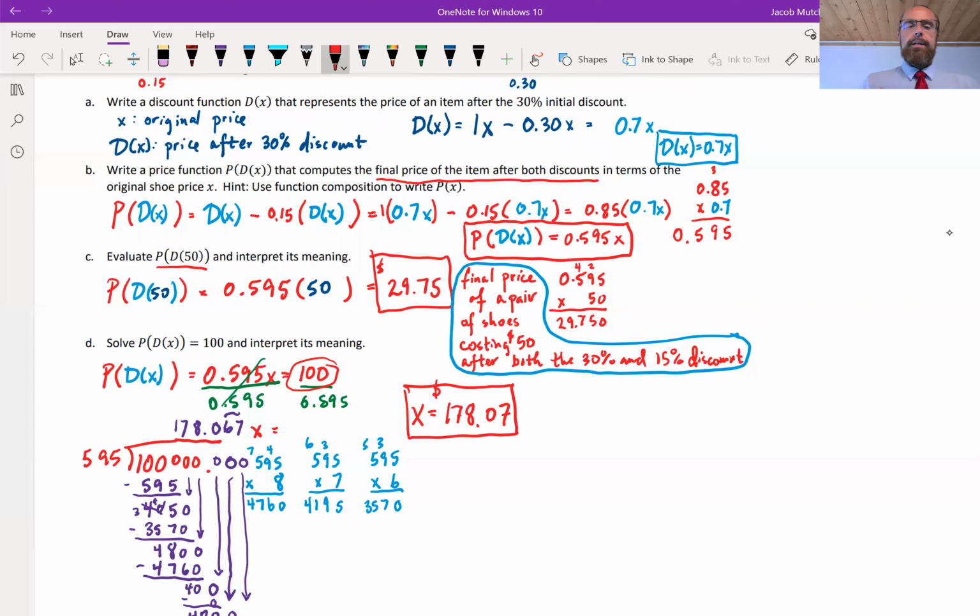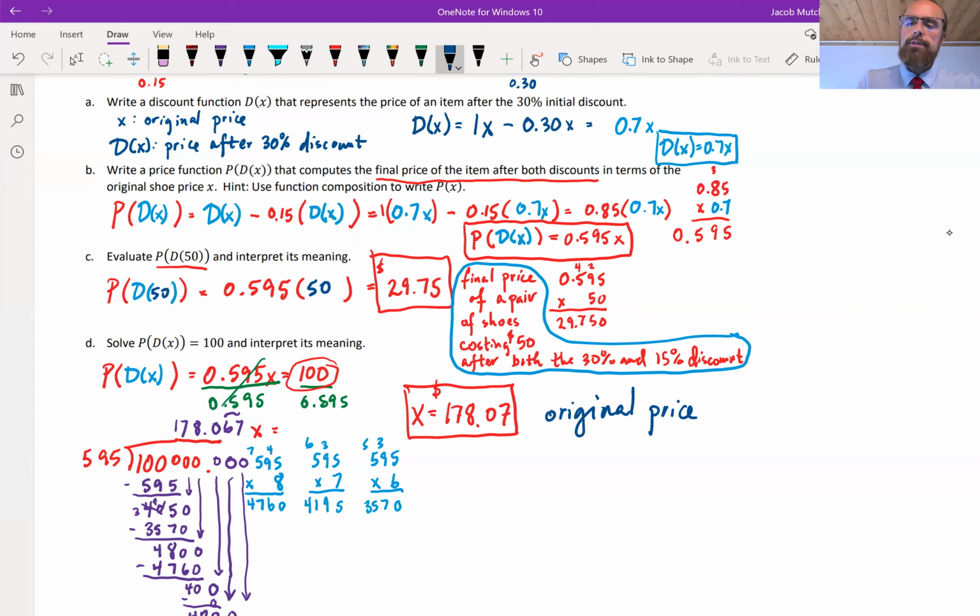So when I calculate and get X as $178.07, that's not the discount price, that's the original price. So I'm going to write here on the side that what we have just calculated is the original price. And let's specify how it compares to 100.